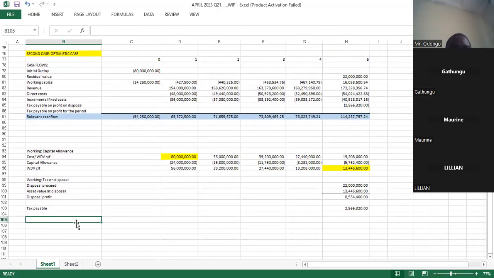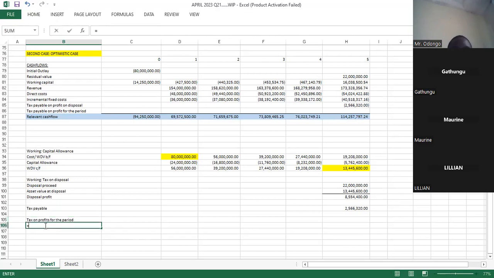The last working become the taxation, the tax on trading profits for the period. So in this case, what we do is to calculate the normal trading profit, which is sales revenue less the operating expenses.